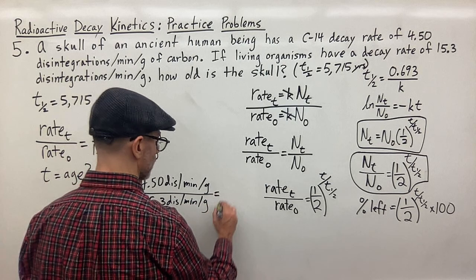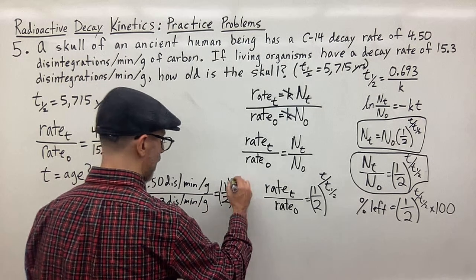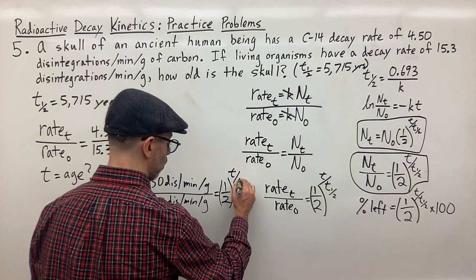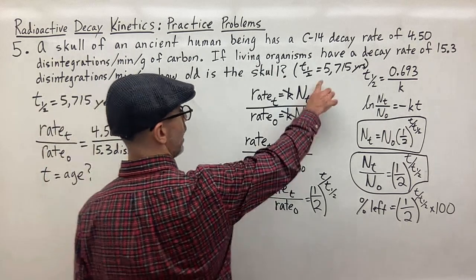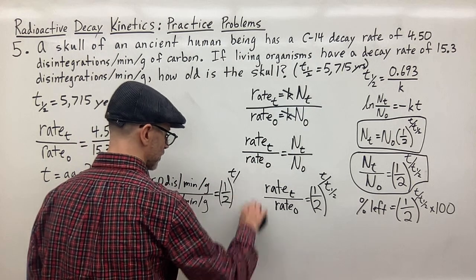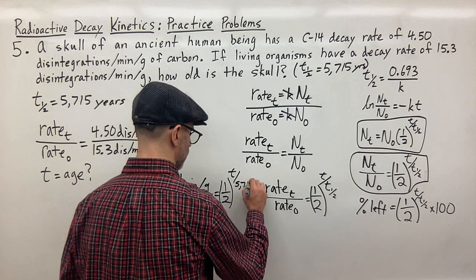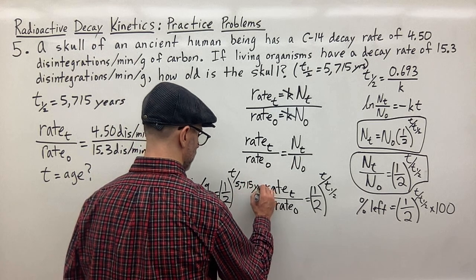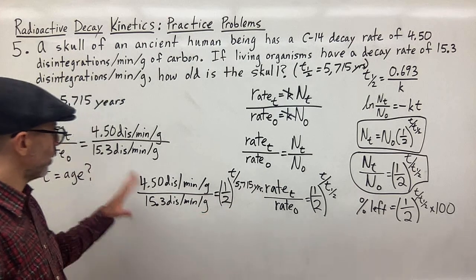And then that's going to be equal to 1/2 raised to the power of t over the half-life. But we know the half-life is 5,715 years. So let's put that in. That's going to be 5,715 years. So now we just go ahead and solve.